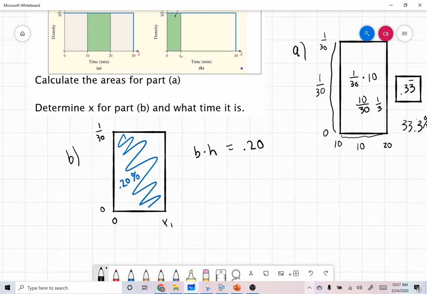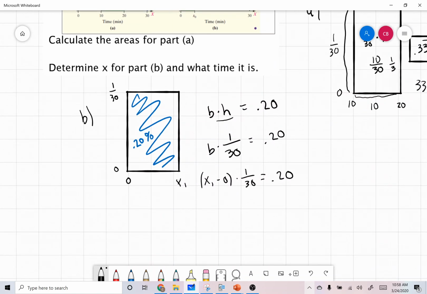Now we know that the height here is 1 over 30, and we know the base starts at 0, so it's going to be a distance. It's going to be (x1 minus 0) times 1 over 30 is equal to 0.20. The reason is that the distance between x1 and 0 is however far it's going to be.